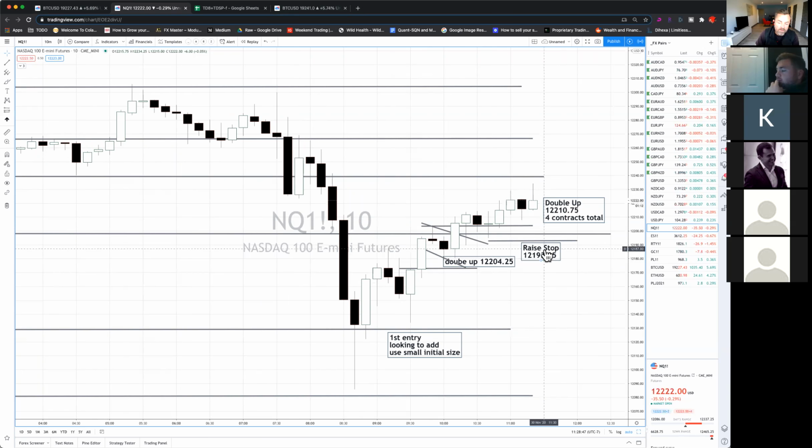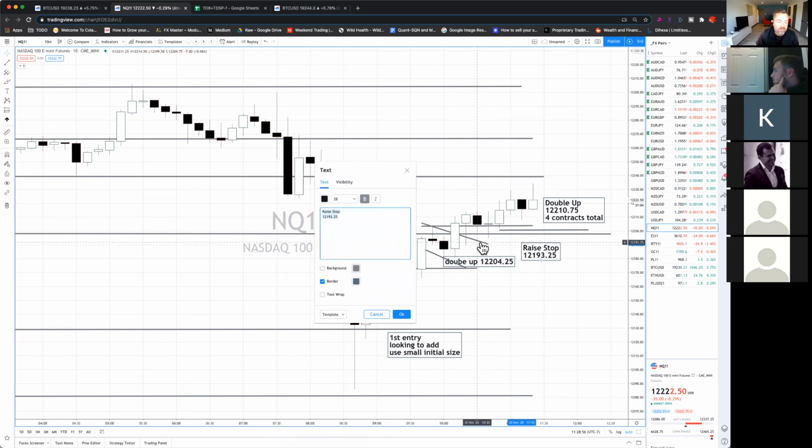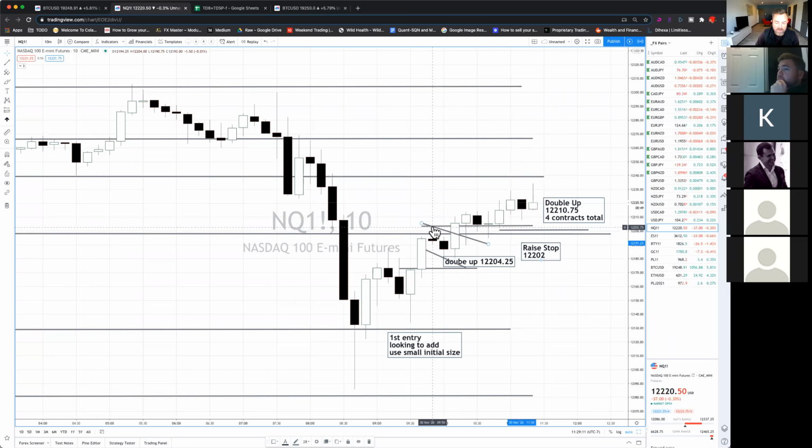So guys, I'm going to raise a stop up on NASDAQ. Actually, I'm going to tighten it up here to 12,222. Sorry, low, 12,202. So that locks in a decent amount just below the last entry, or our second entry, I should say.